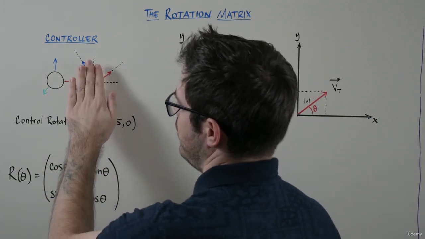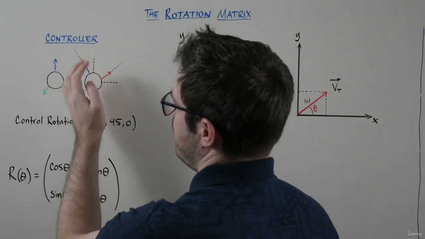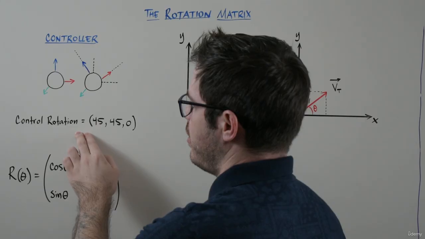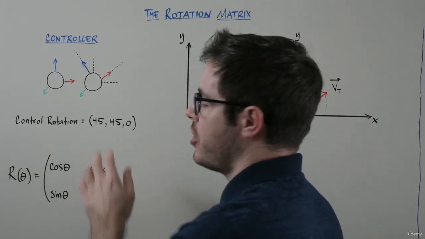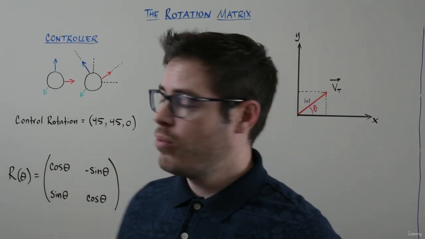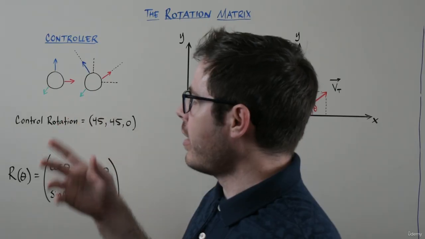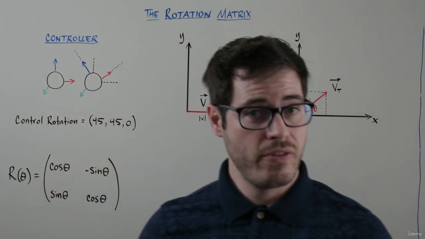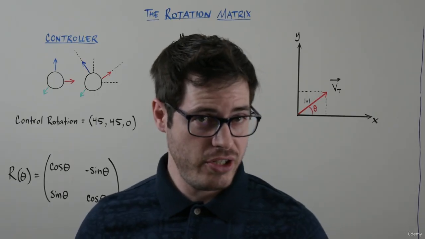And this would also tilt its z-axis by 45 degrees as well. And we know that the control rotation would have a yaw and pitch of both 45, whereas the roll would be 0. So the question becomes, how do we get a forward vector using this information?